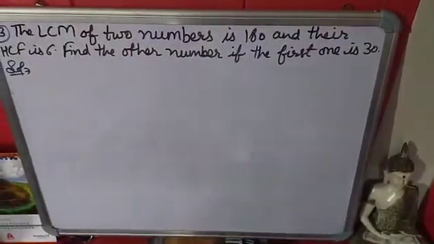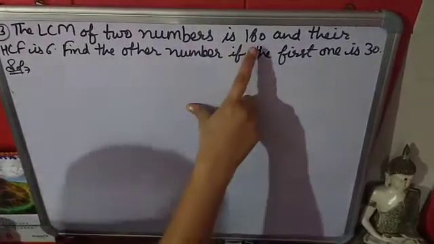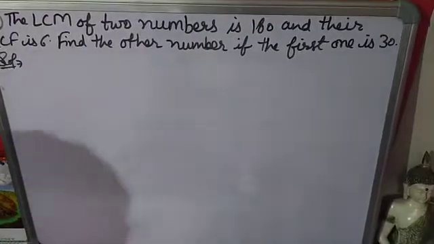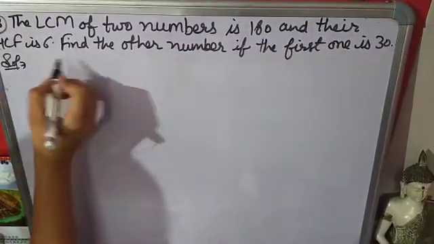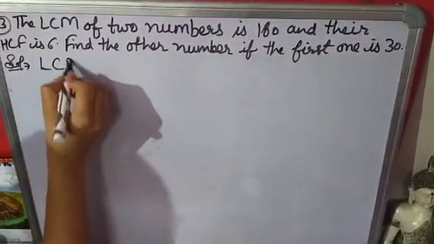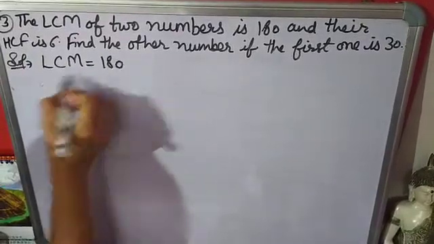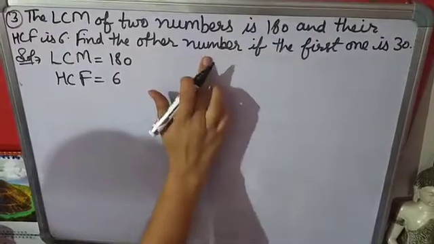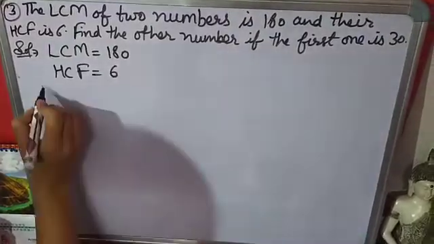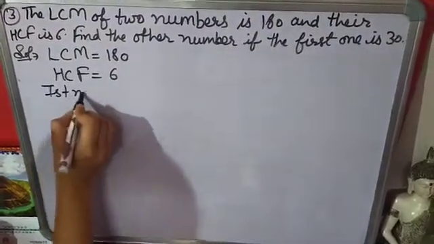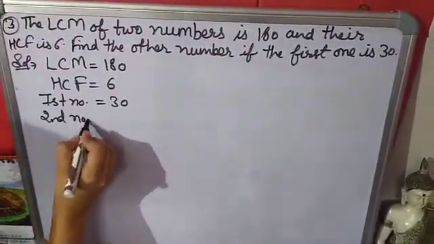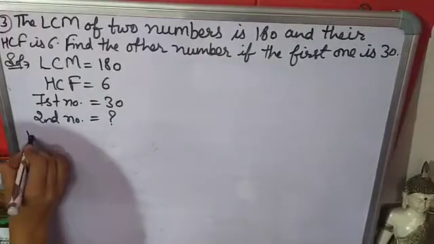Third question. The LCM of two numbers is 180 and their HCF is 6. Find the other number if first one is 30. So you will write again what you have. LCM is 180, HCF is 6. You have to find the other, means second number, if first number is 30. Again same formula we will write.